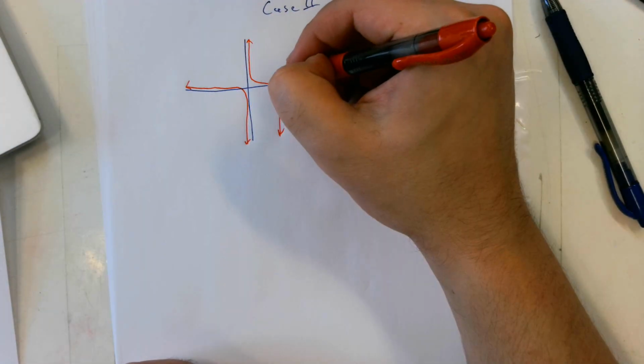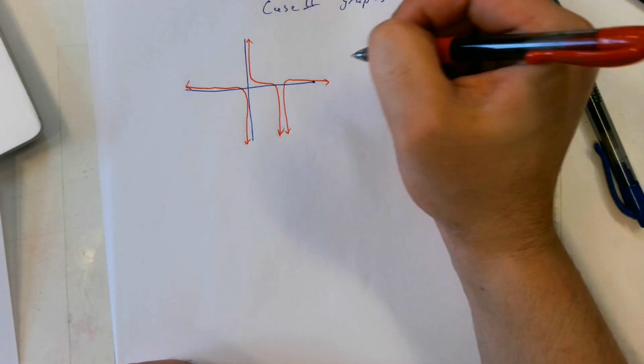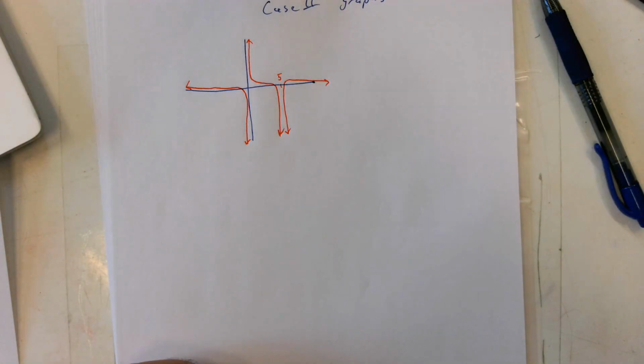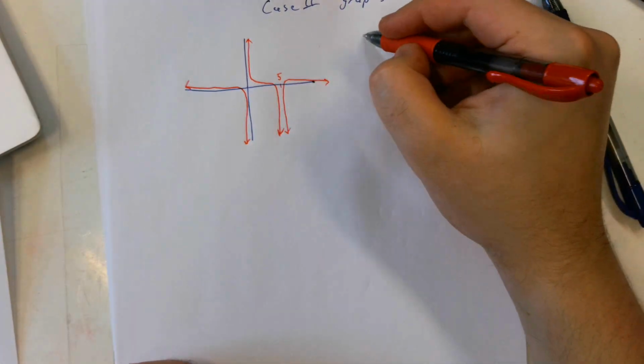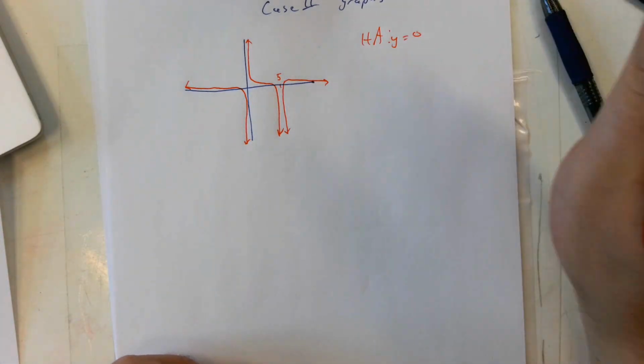Let's make this wild. 0, obviously, and 5. This is what a horizontal asymptote of 0 means. Both my limits go to 0.